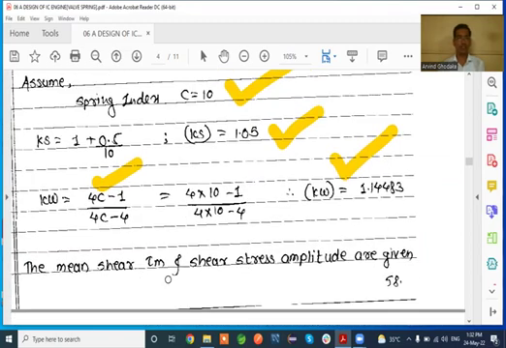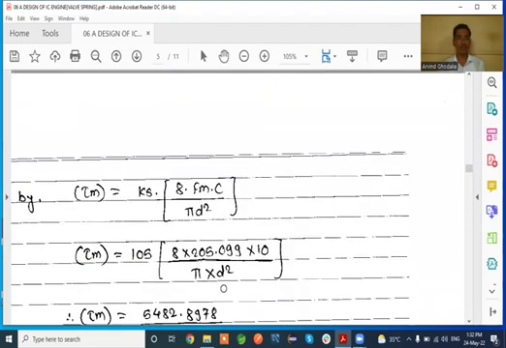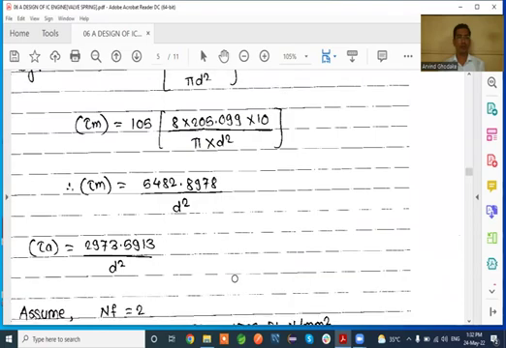The mean shear stress tau m and shear stress amplitude tau a are given below. By formula, tau m is equal to Ks into 8 times Fm into C by pi d square. By putting the values, we will get tau m is equal to 5482.89 by d square.